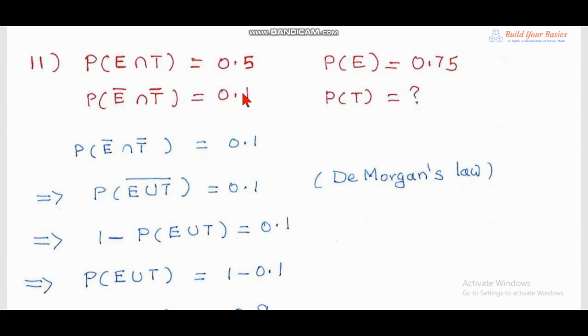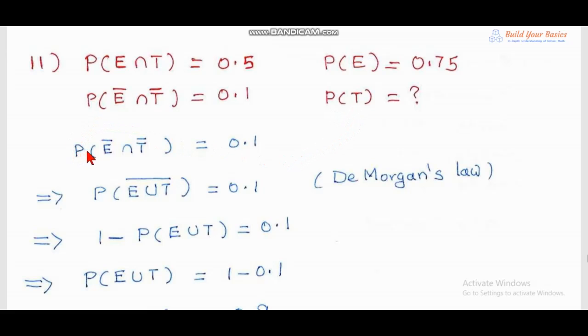Also probability of E is 0.75. Now we have to find the probability that the student passes in the Tamil examination.